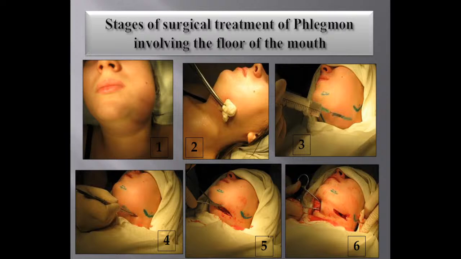The second picture shows us antiseptic disinfection of the surgical field, and next is local anesthesia, the infiltrative one. And as you can see on the third photo, we can see green lines on the skin. What are these green lines for? Do you know? I hope that you know, and we'll talk about it in our practicals.